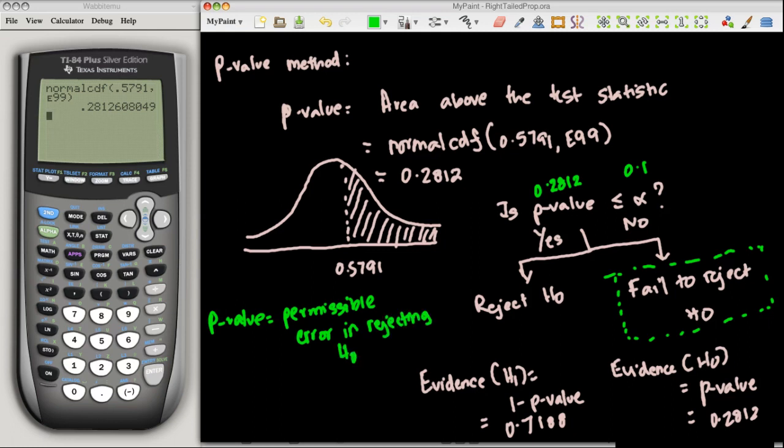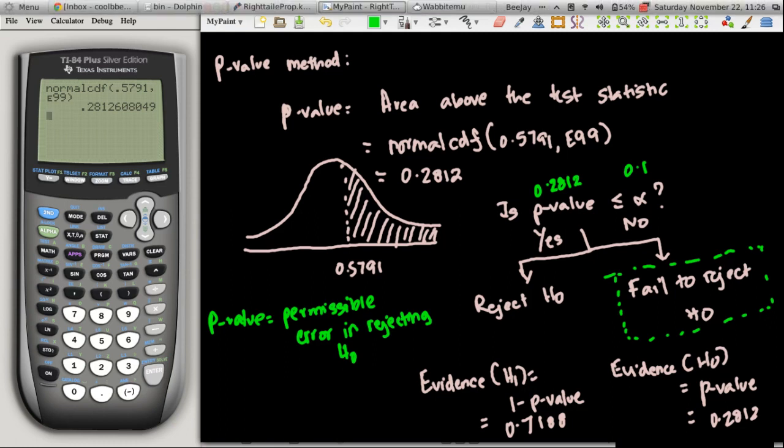And I would like this error to be 10% or less. That's what I did in step 2 by setting this alpha. But I have a 28.12% error. So even though I find 71.88% probabilistic evidence toward the alternative, the error that I'll have in rejecting the null is 28.12%. Therefore, I fail to reject the null.